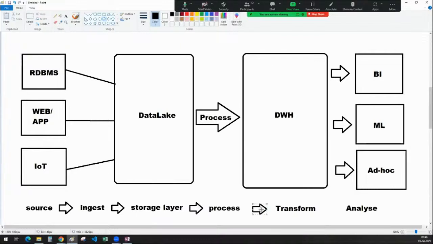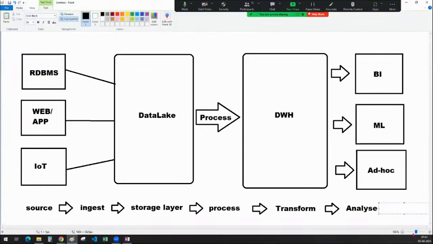You do some transformations, and you try to analyze the data to improve your business. So this is what is called a data life cycle: collecting or ingesting the data and storing it, processing or transforming the data, and finally analysis, or you can also say dashboards, report creation, reporting.